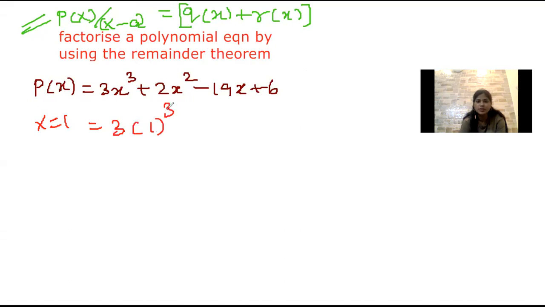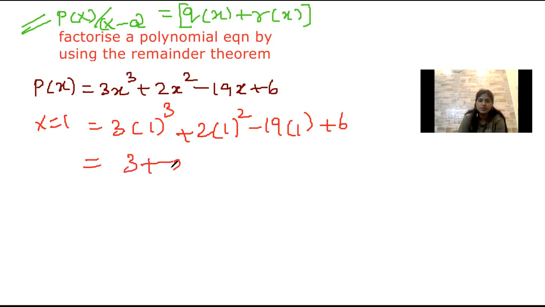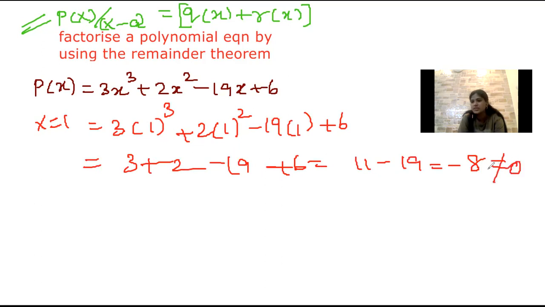So it's going to be 3 into 1 cubed plus 2 into 1 squared minus 19 into 1 plus 6. Simplification of this would give me 3 plus 2 minus 19 plus 6, which is 3 plus 2 is 5, 5 plus 6 is 11, 11 minus 19, which is minus 8. So I'm not getting the result as 0.